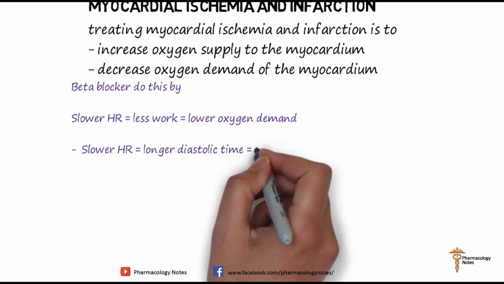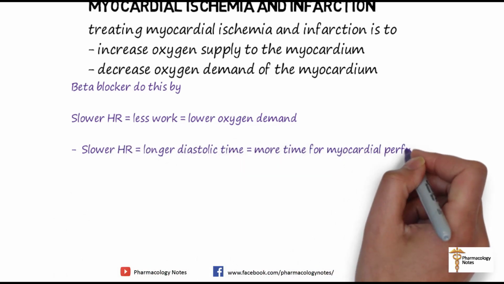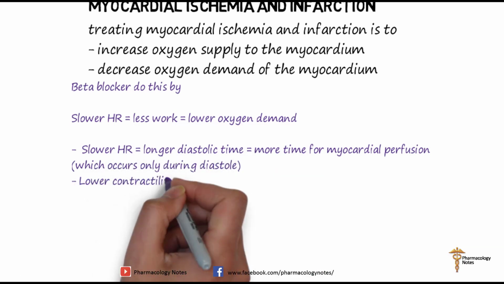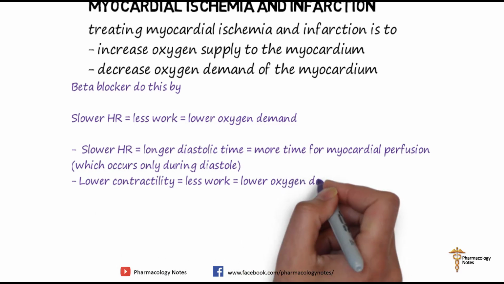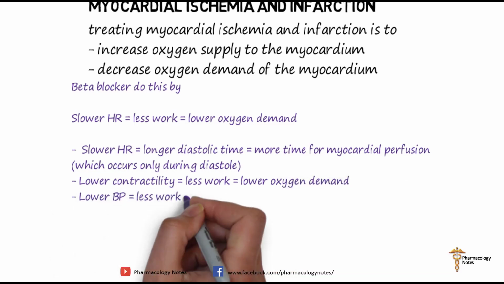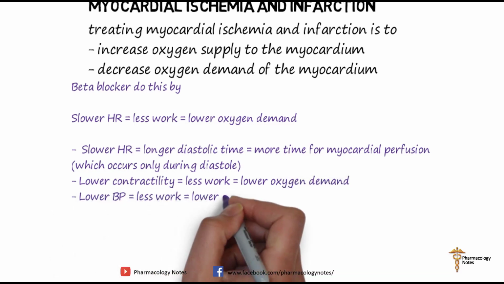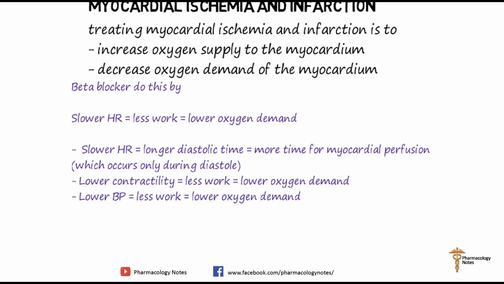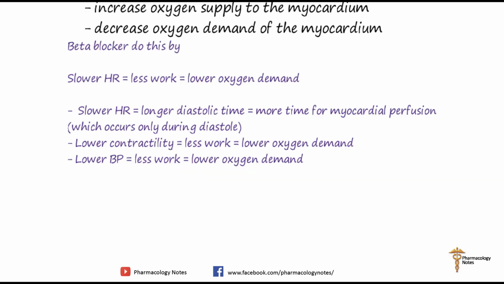When there is a slower heart rate, there is longer diastolic time and more time for myocardial perfusion, which occurs only during diastole. Low contractility leads to less work, which gives you less oxygen demand. Ultimately the blood pressure will be lower because of the less work and lower oxygen demand. I hope this makes sense and made it easy.